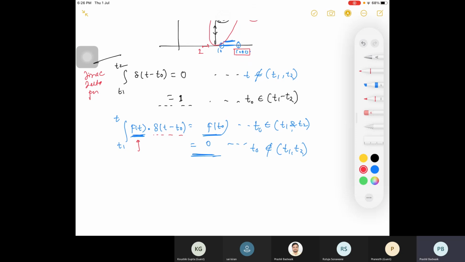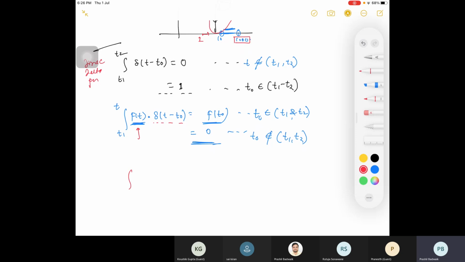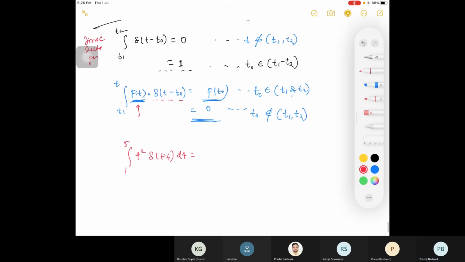Suppose I give an example: the integral from 1 to 5 of t square del of t minus 4 dt. What is its value? And the second is the integral from 5 to 10 of del of t minus 4 into t square dt.